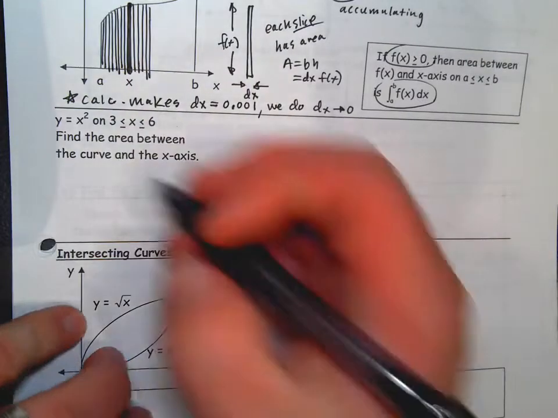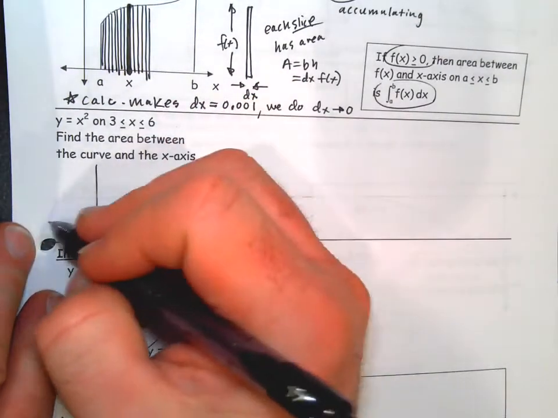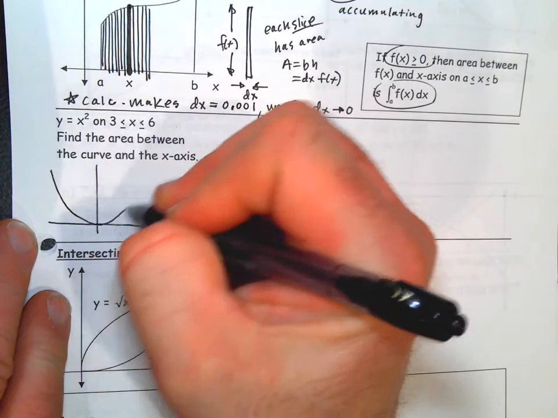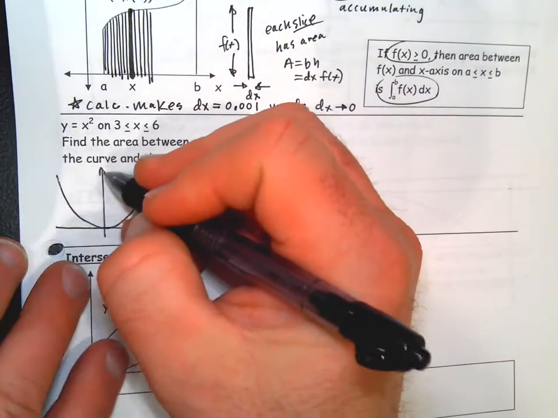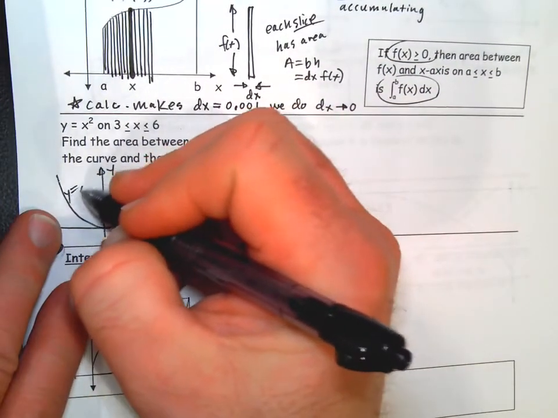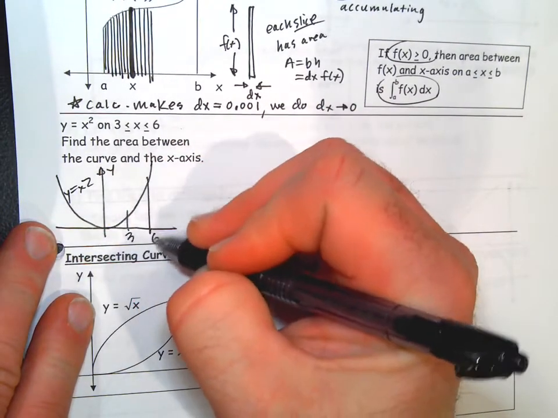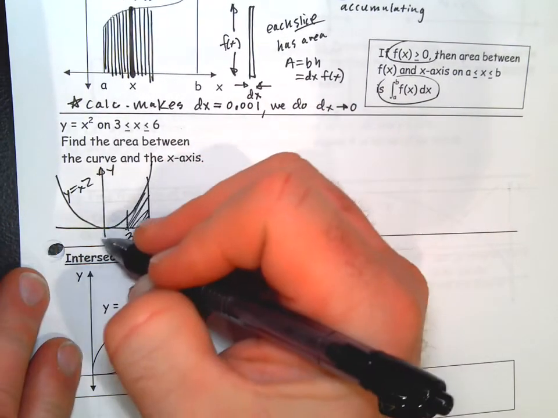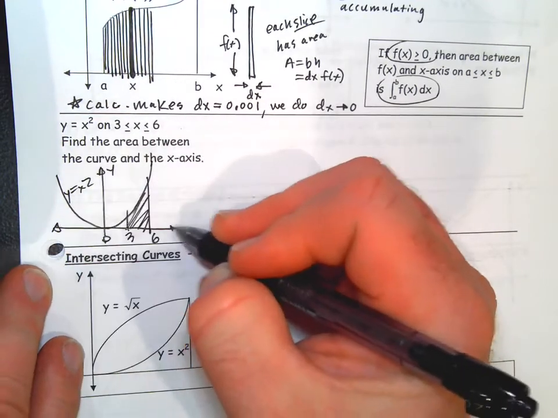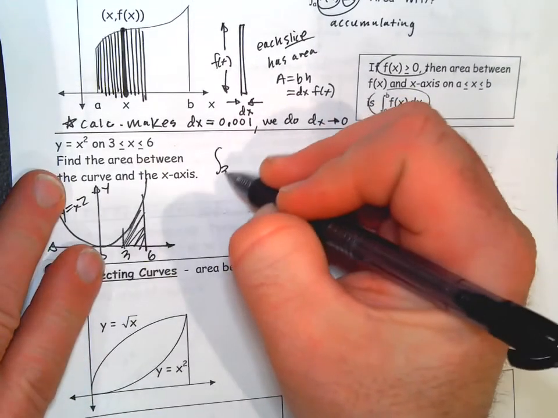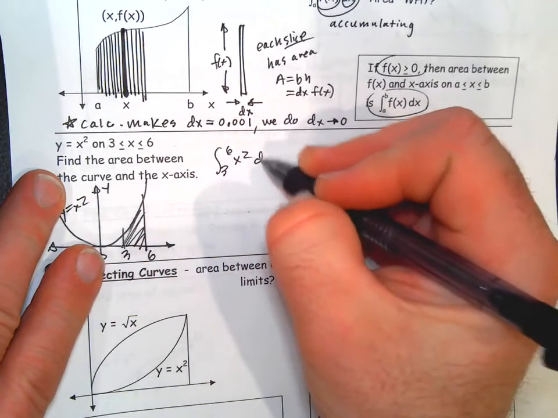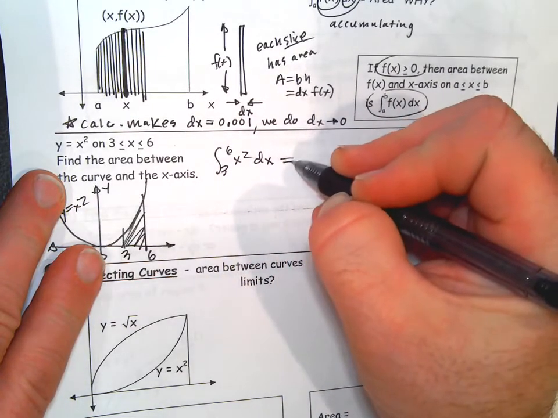So going back to just a simple example, here's a function. It's a parabola. And let's say we want the integral from 3 to 6. The way we would do this exactly is we'd integrate x squared from 3 to 6.